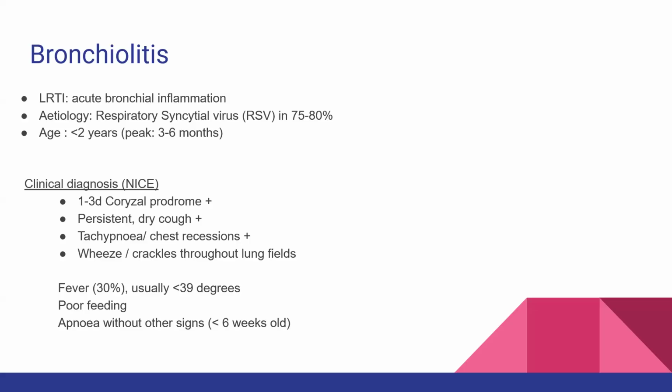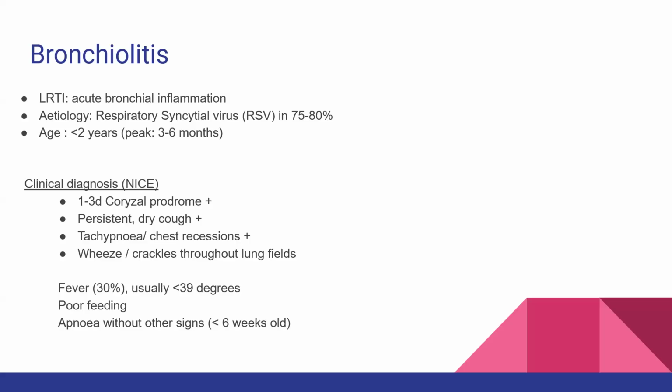When you listen to the chest, you will hear a wheeze and crackles all over the lungs. They might have a fever, but it will normally be below 39 degrees. I don't think the specifics are that necessary. There might be poor feeding, just like any other child that's unwell. And if they're really young, they might show apnea.